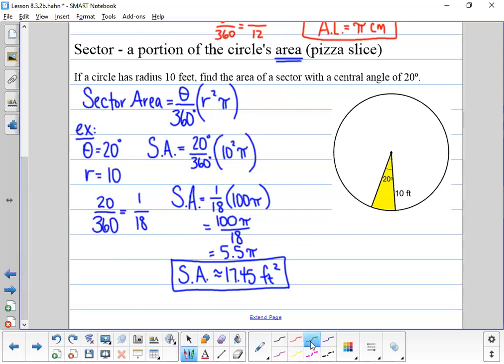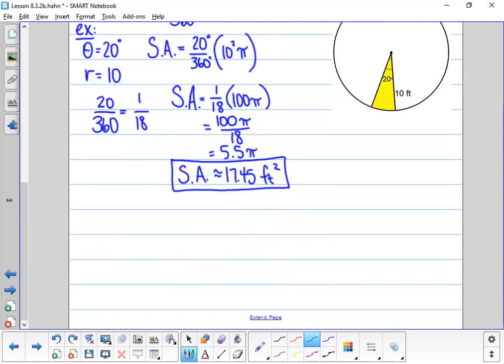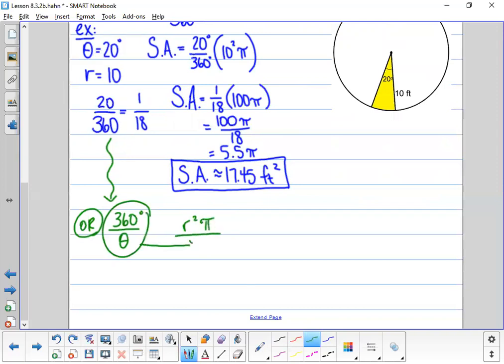The other way you can think about these is, if you don't like thinking of it as a fraction and multiplying by a fraction, here's another way. If I do 360 divided by whatever my angle is, then, let's say I'm doing the sector area, I can do the radius squared times pi divided by whatever I get here.